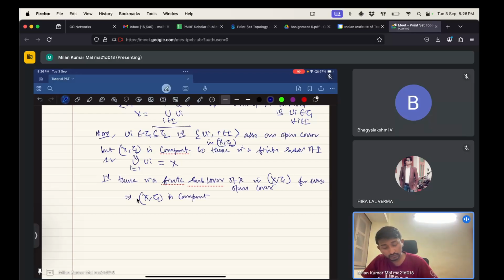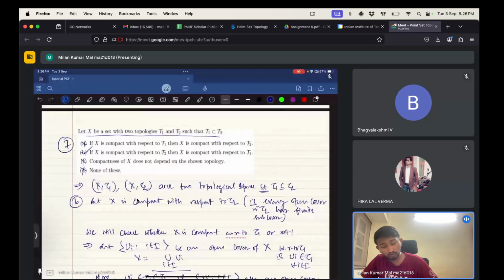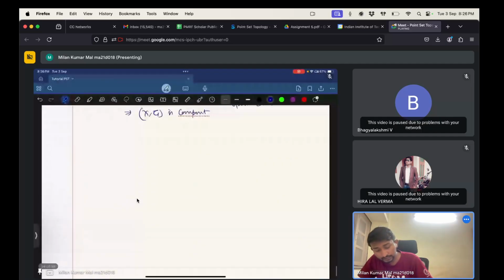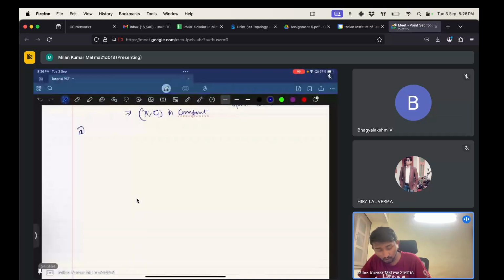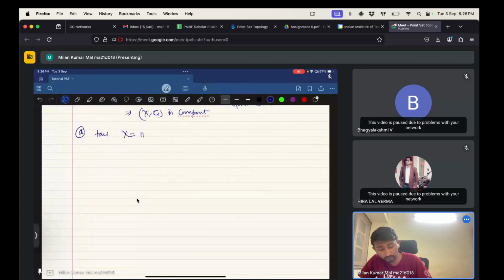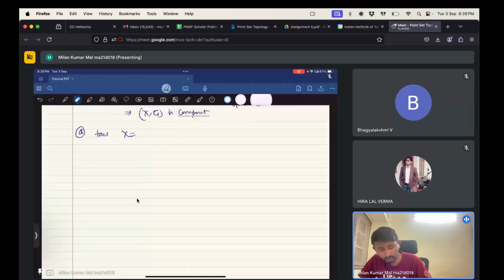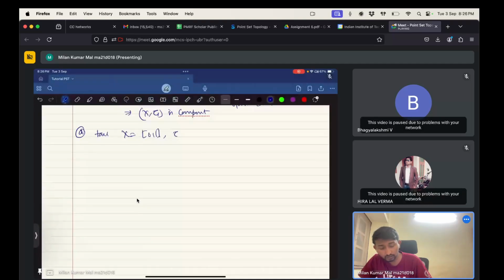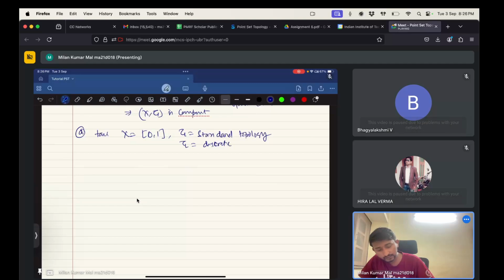Option A says that if X is compact with respect to tau 1, then X is compact with respect to tau 2. Let's take X equal to the closed interval [0, 1], tau 1 equal to the standard topology, and tau 2 equal to the discrete topology.